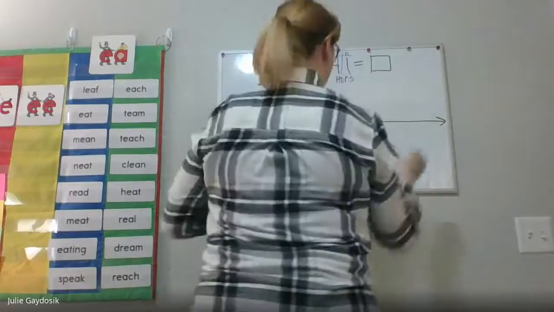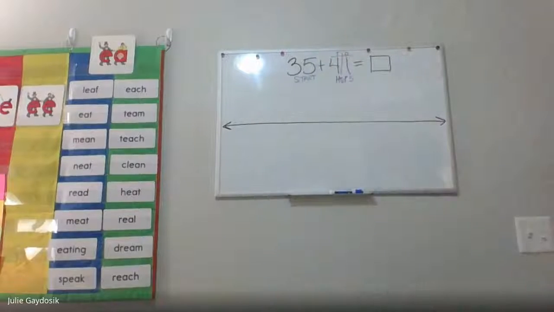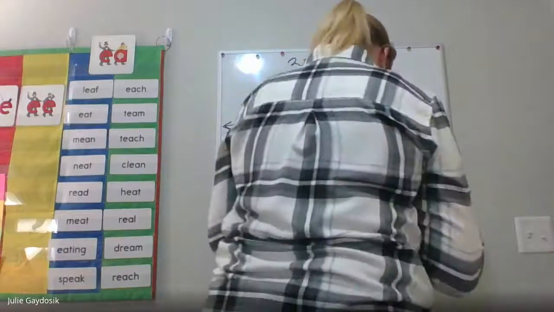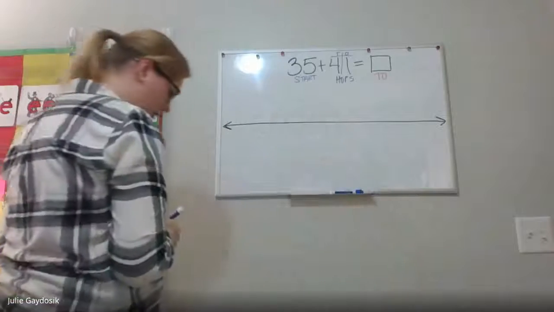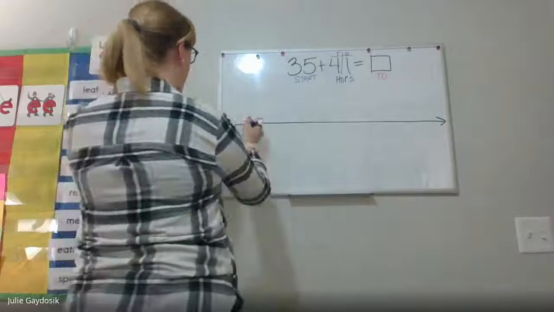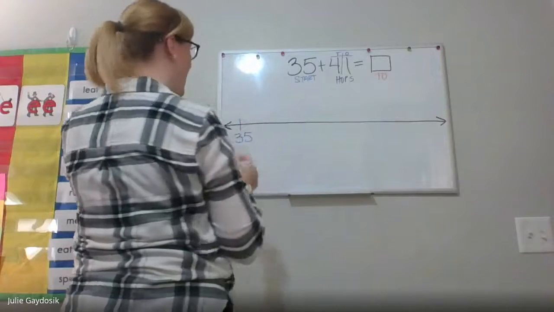And this is where I'm going to. Let's get a different color for that. Let's do red. So this is where I'm going to hop to, okay? So where I'm starting, which is blue, I'm starting at 35, okay?